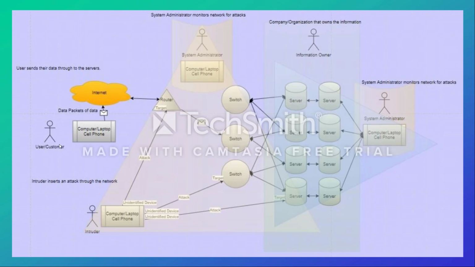The way this works is that a user or customer would utilize a computer, laptop, or cell phone, and send a request through the internet in the form of a data packet. It will hit the internet, hit the router, go through the switch, and into the server of the information owner themselves. We have system administrators who monitor the network for any intrusion or attacks that would occur.